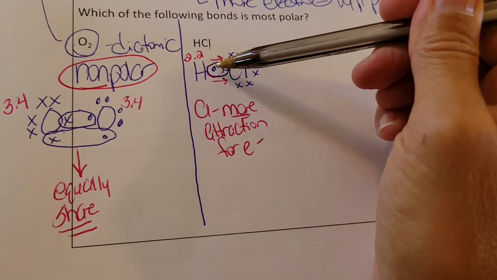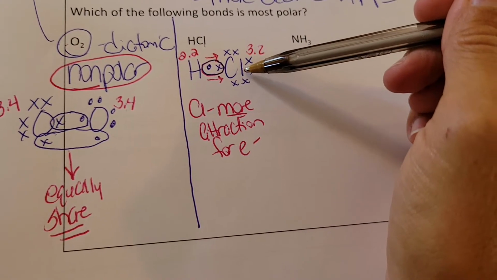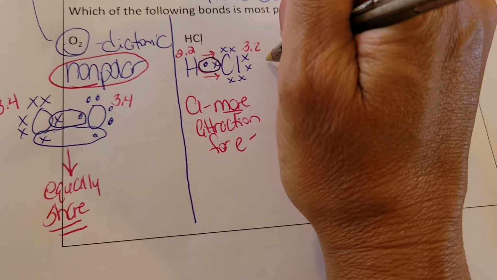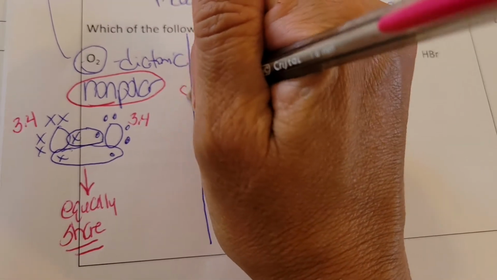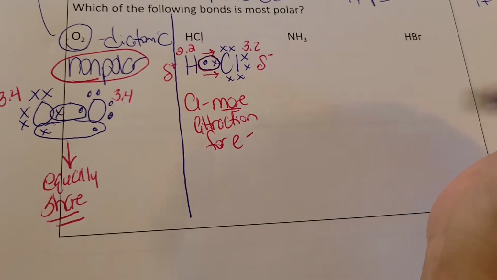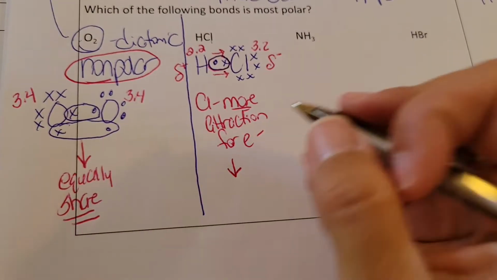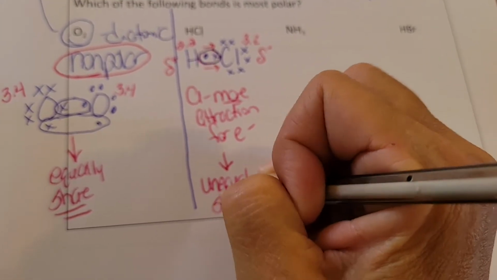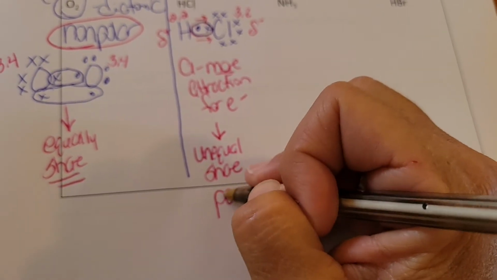So what ends up happening is because these are negative and the chlorine's pulling them a little bit toward it, not sharing entirely equally, this side ends up with a little negative charge, and this side ends up with a little bit of a positive charge. So because they're unequal share, we are going to consider them to be polar.